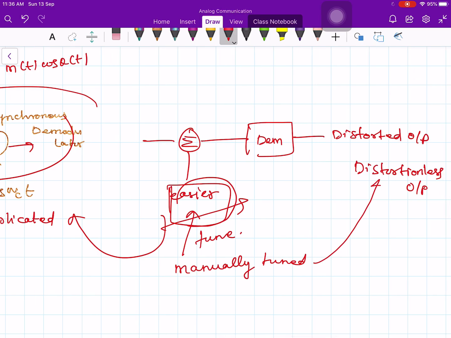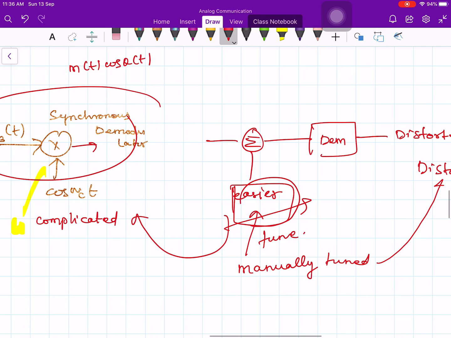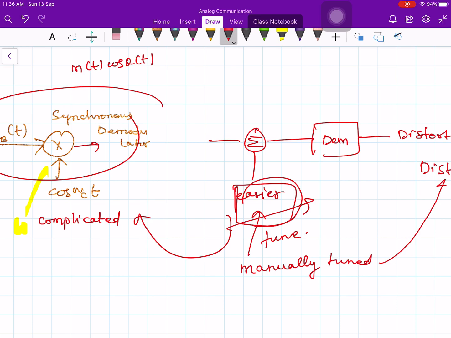Of course, one doesn't use SSB for music, we will not use it for music signals. I am just telling you as an example. Typically for speech, we can keep on tuning until you get your quality back and the intelligibility is good. Theoretically, synchronous demodulation and carrier reinsertion can both be done, but in practice carrier reinsertion is very easy.